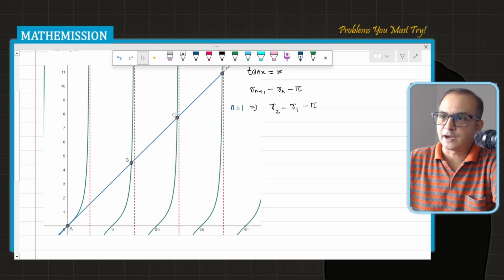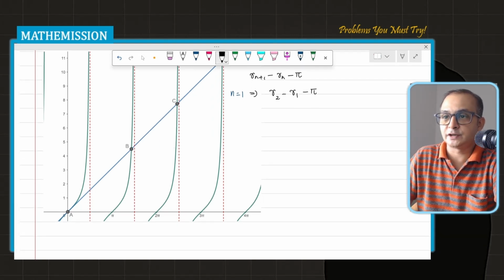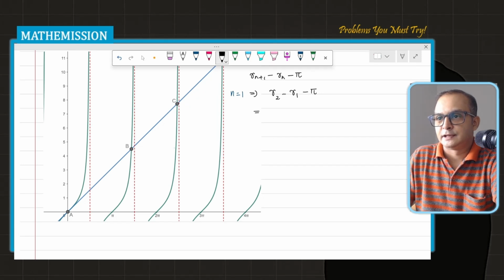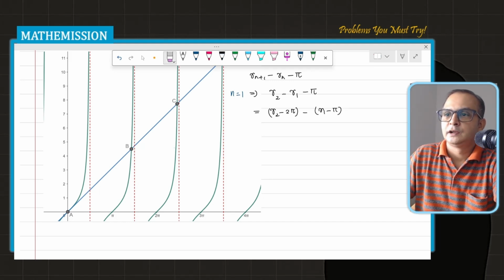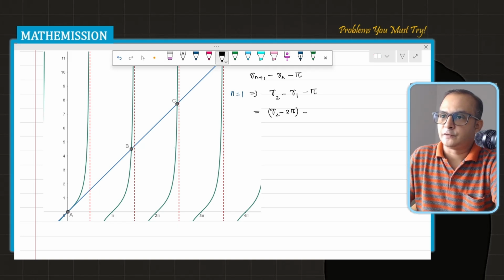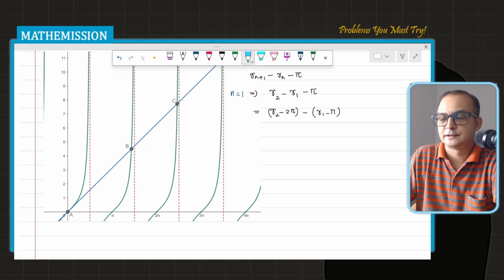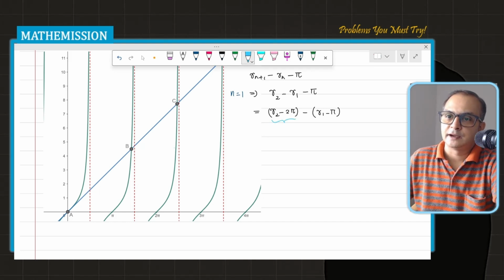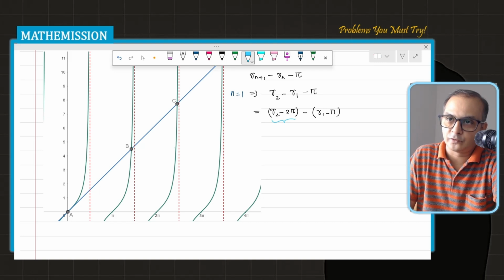So R2 minus R1 minus pi can also be written as R2 minus 2 pi minus R1 minus pi.